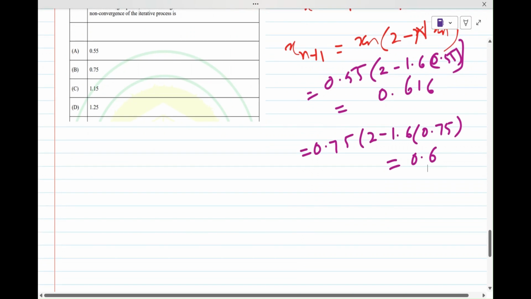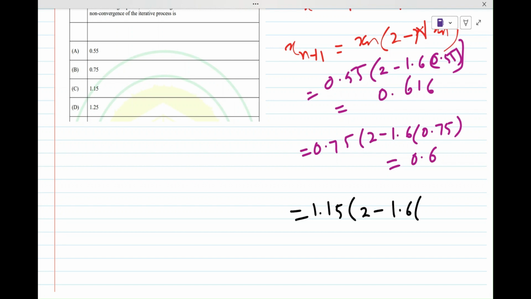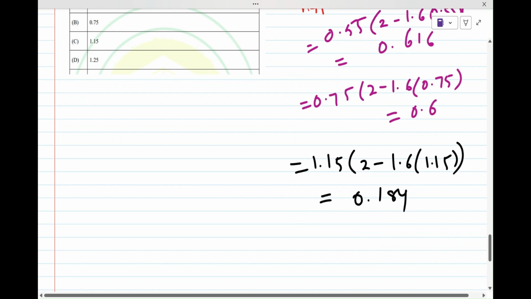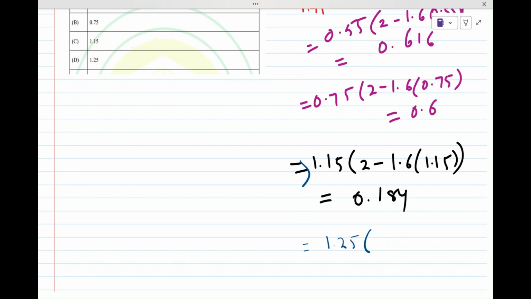When you put 1.15, then it gives you 2 minus 1.6 into 1.15, that gives you 0.184. And when you put the value 1.25, 1.25 into 2 minus 1.6 into 1.25, it will give you 1.25 into 2 minus 2, that is 0.